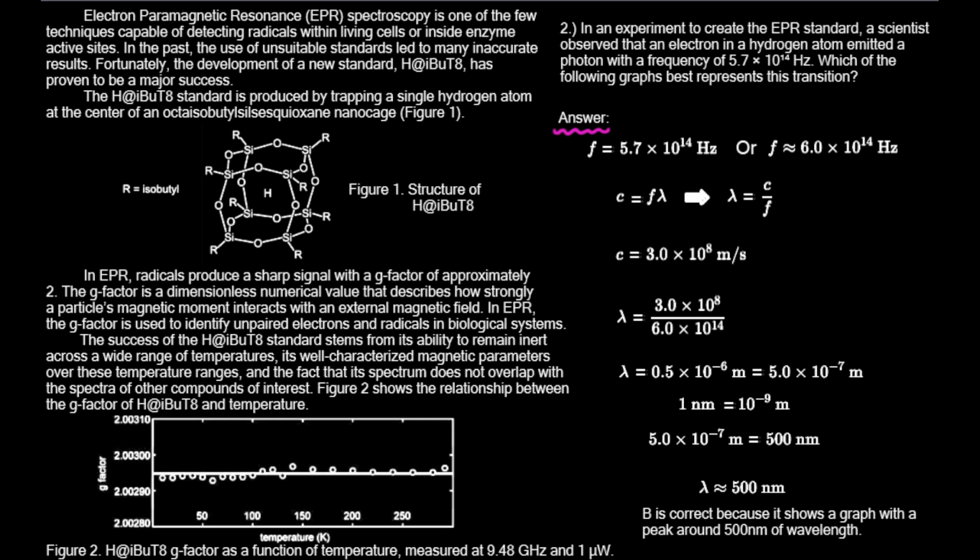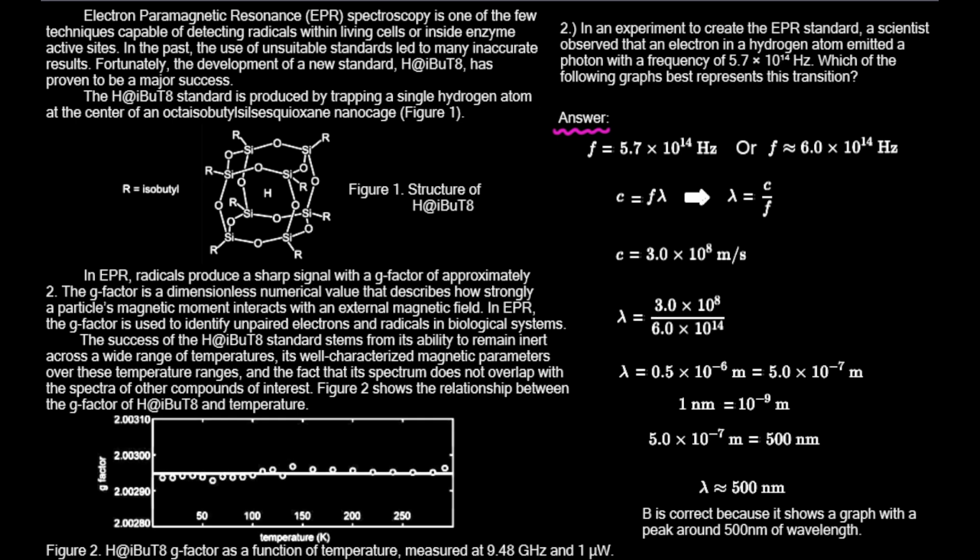When we divide the speed of light, which is 3 times 10 to the 8, by the frequency of about 6 times 10 to the 14, we get a wavelength of about 0.5 times 10 to the negative 6 meters. And this value is about 5 times 10 to the minus 7 meters. 1 nanometer is about 1 times 10 to the minus 9 meters. When converting meters to nanometers, we get about 500 nanometers for wavelength.